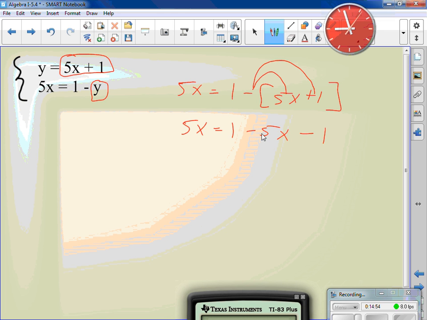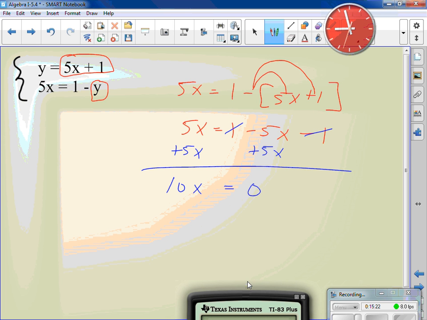Well, I have to combine the 1 and the -1. What's 1 and -1? 0. I have to move this 5x. How do I move this 5x? Add 5x, add 5x. What's 5x and 5x? 10x. Equals, what was left over here?